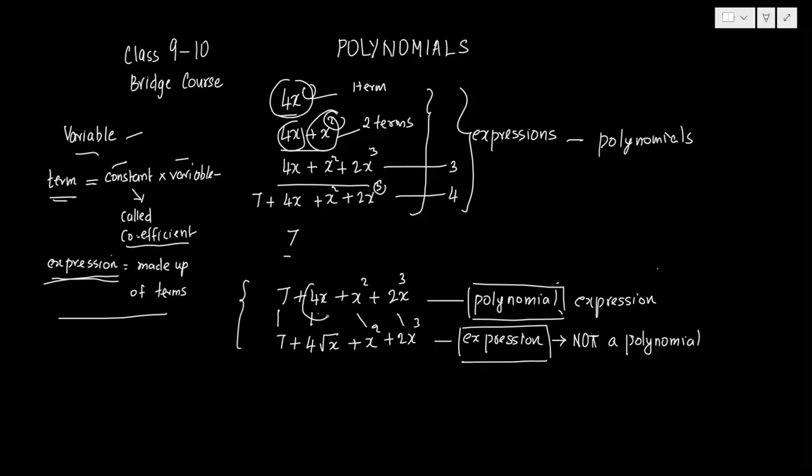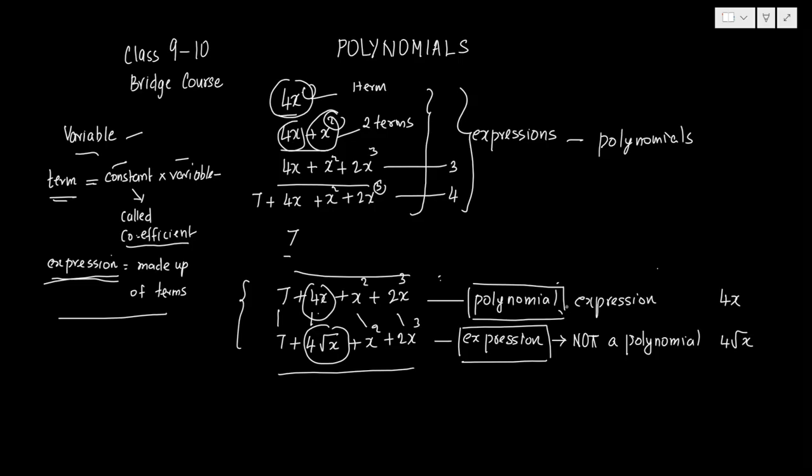The only difference is here we have 4x, here we have 4 root x. The first one is called a polynomial. The second one is just an expression. It is not a polynomial. Why? Because here we have 4x, here we have 4 into root x.